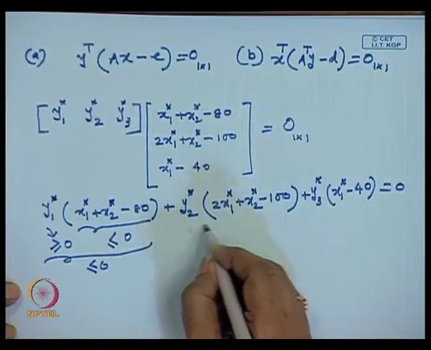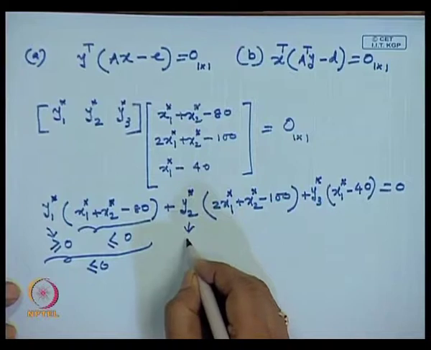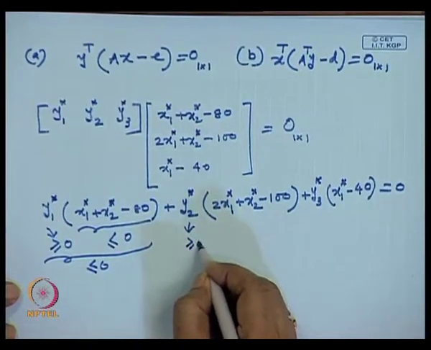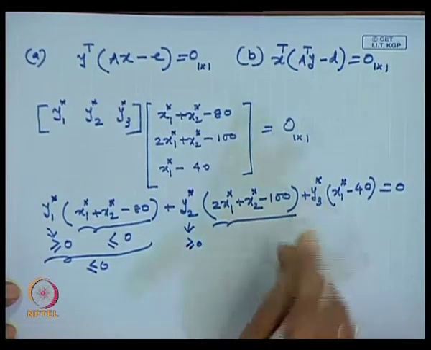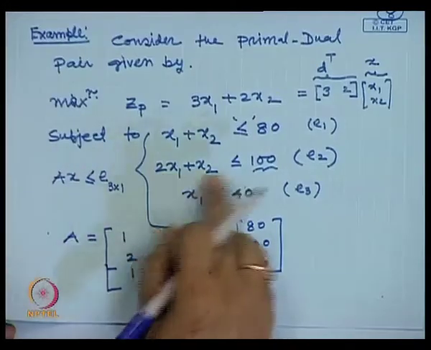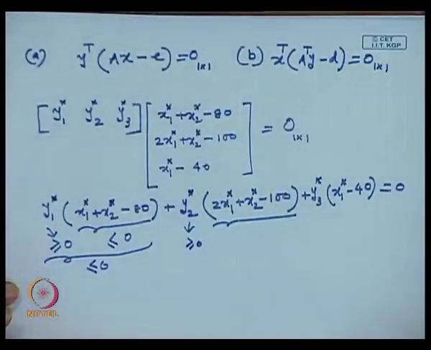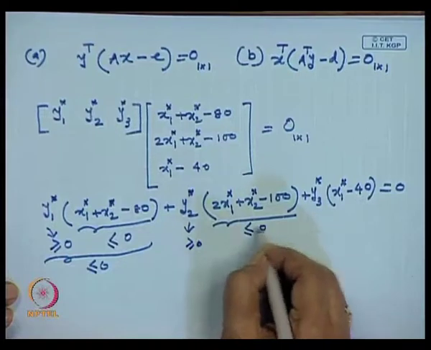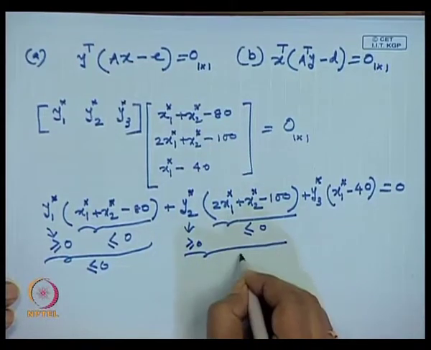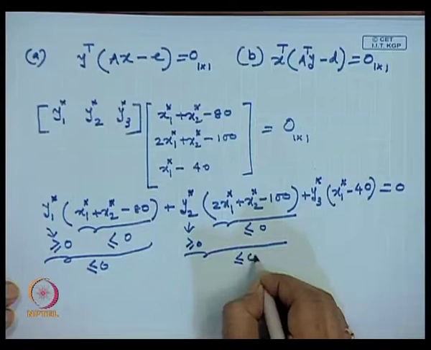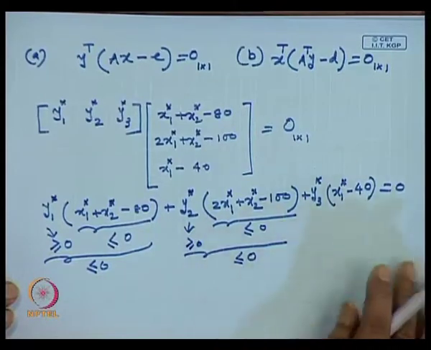Now, what about this one? Similarly, this is greater than or equal to 0 and 2 x 1 plus x 2 minus 100 is less than or equal to 0. So, the product of this will be less than or equal to 0.